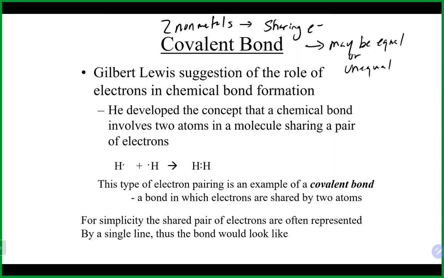So if we look at two hydrogens, for example, that come together, hydrogen has one valence electron. Frankly, hydrogen has only one electron, so it can't have any more than that. So what happens here, because they're both hydrogen, and remember, hydrogen is a nonmetal, is when they come together they both will not let go of their electron.